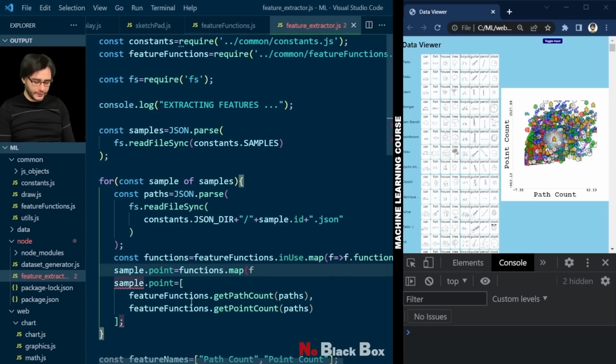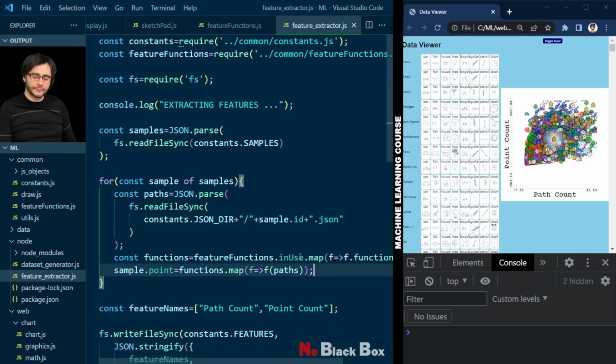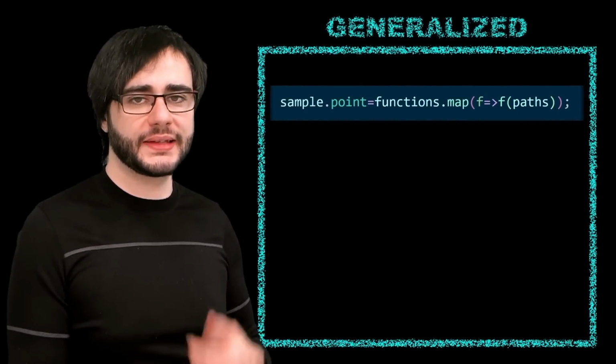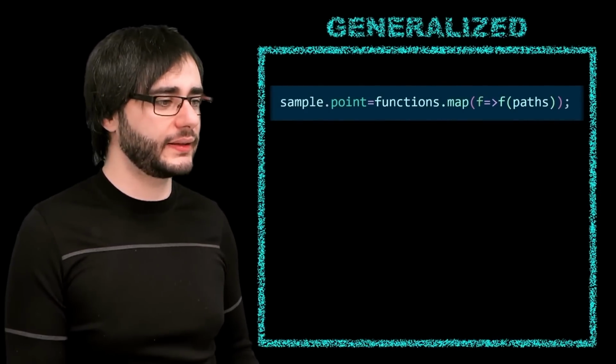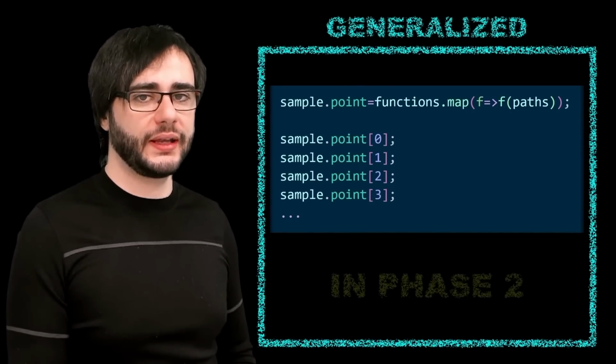For each of these functions, we call the function on the paths, like this. Now we don't need this code from here. They do exactly the same, but now with the new functions we have in use. The code is also more general in the sense that you can pass any number of features, making this a multi-dimensional point. But I'll teach you about those later.